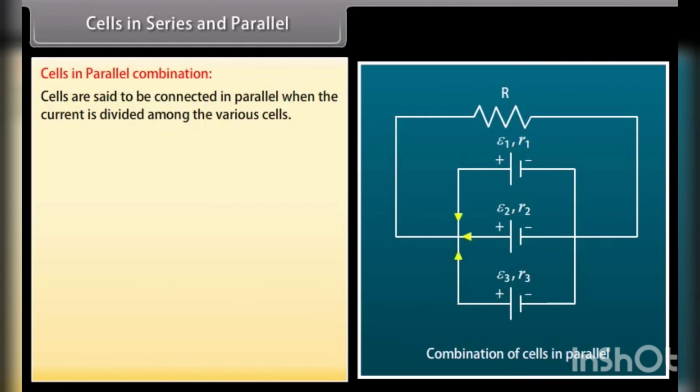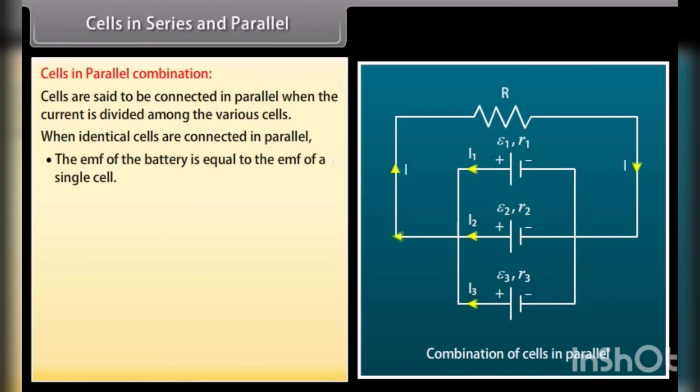Cells in parallel combination. Cells are said to be connected in parallel when the current is divided among the various cells. In ordinary parallel connection, all the positive terminals of the cells are connected together and all the negative terminals are connected together. When identical cells are connected in parallel, the EMF of the battery is equal to the EMF of a single cell.